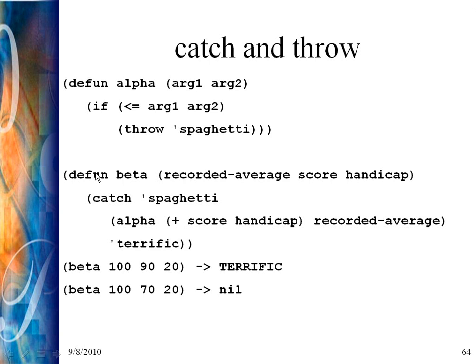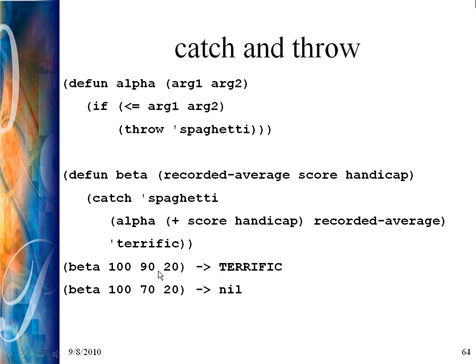So then we define a function, recorded average, score, handicap, 3 arguments, and we add the score and the handicap. In other words, here is the score plus handicap less than or equal to the recorded average? And if the score plus handicap is less than or equal to, we throw to spaghetti. Otherwise, we return terrific. So recorded average is 100, 90 plus 20.